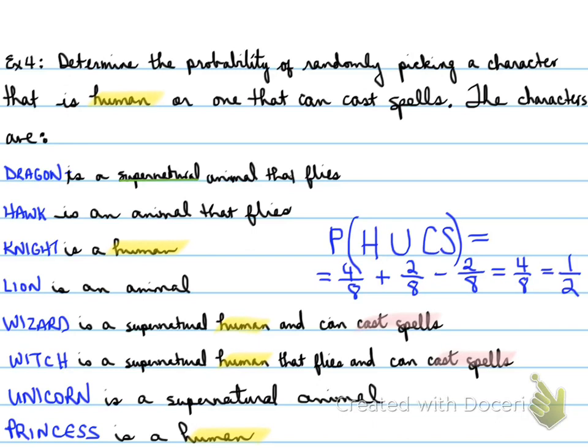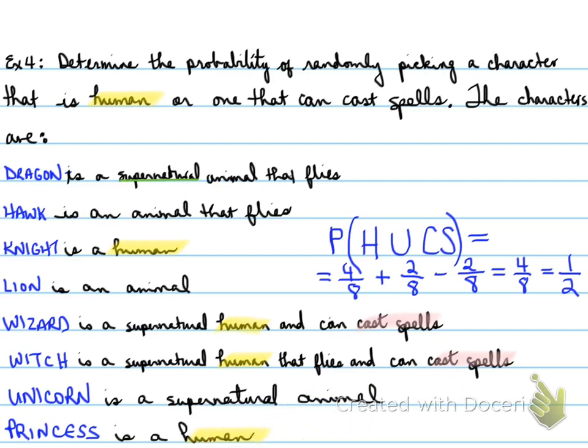Okay. Now note, again, there are many characteristics. There's supernatural, animal, that flies. So that's 3 characteristics here. There's 2 characteristics here, 1 here, 1 here, 3 here, 1, 2, 3, 4 here, 2 here, and 1 here.